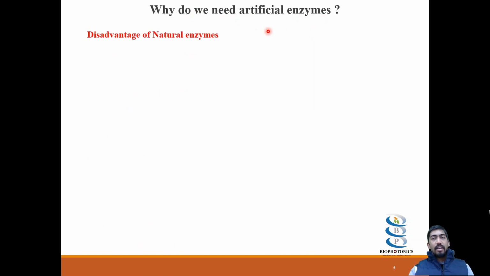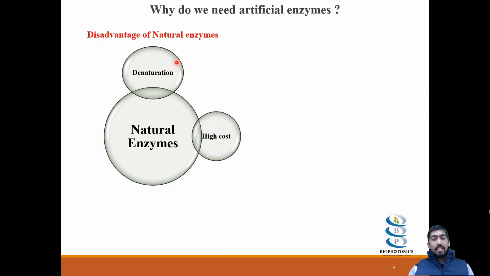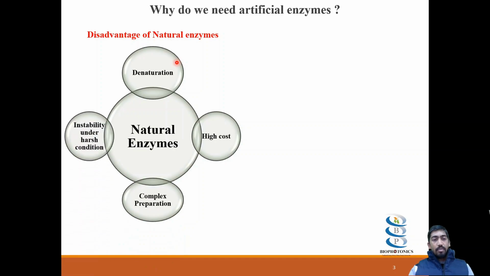The reason is the disadvantages of natural enzymes. The first disadvantage is that they get denatured very easily. The second is that they are very costly, very difficult to prepare, and unstable under harsh reaction conditions.